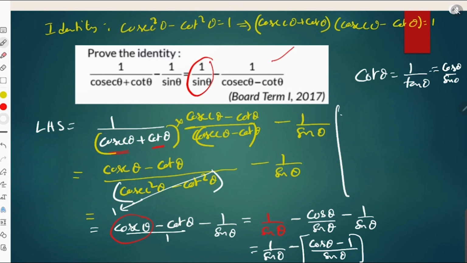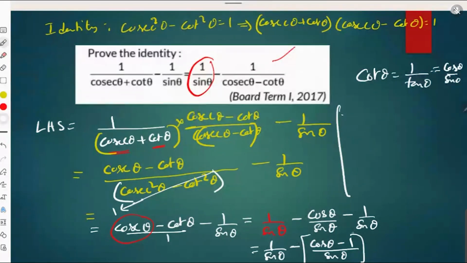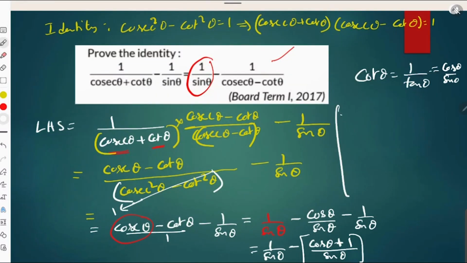If you take minus common here, it will be cos theta plus 1 by sine theta. And here we need the numerator 1 and the denominator in terms of cosecant and cot. So here is the main twist in this question. Let us multiply and divide with cosecant plus 1.